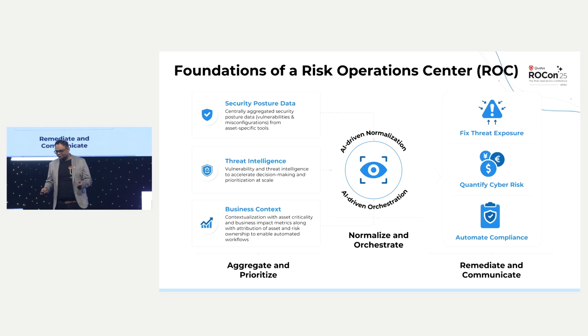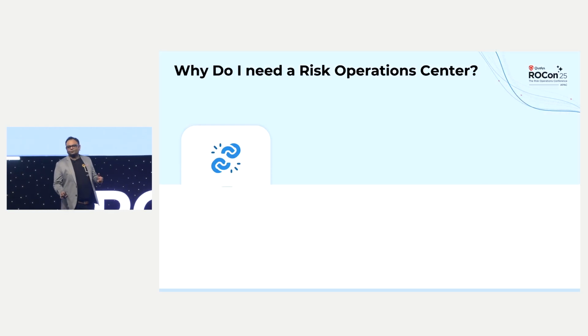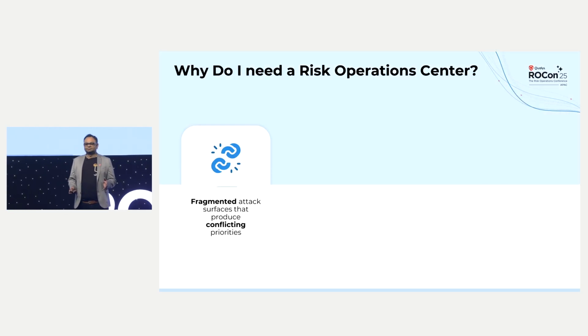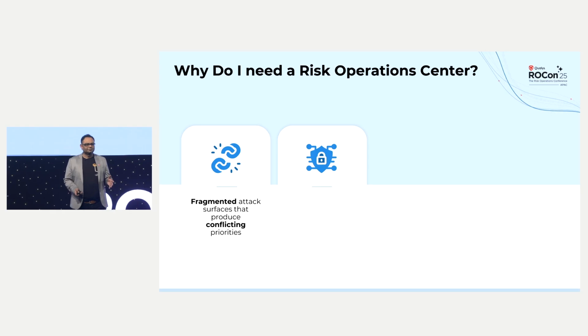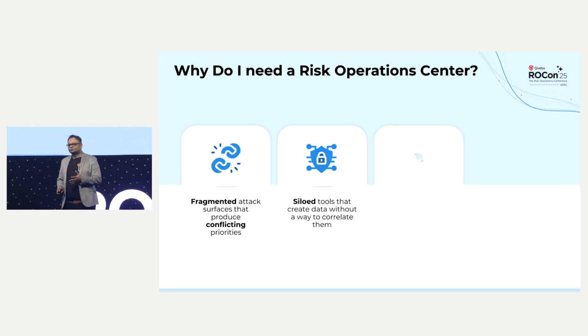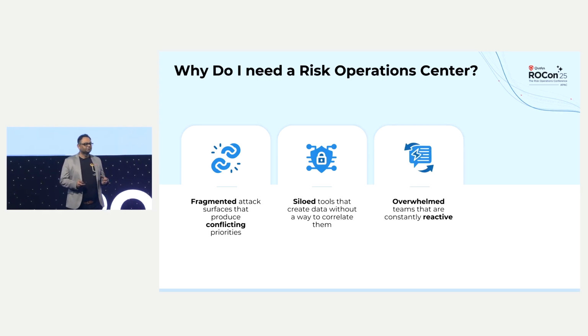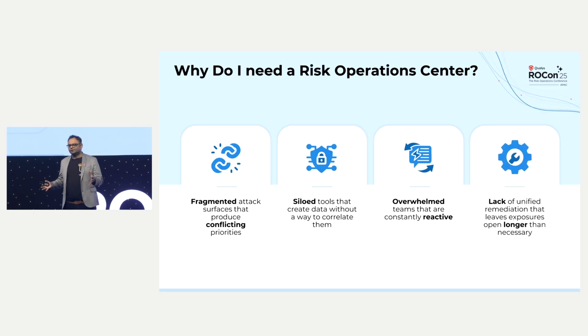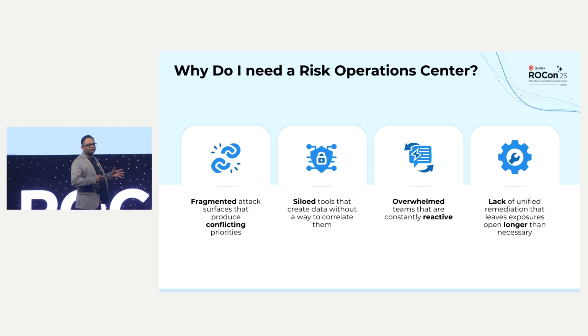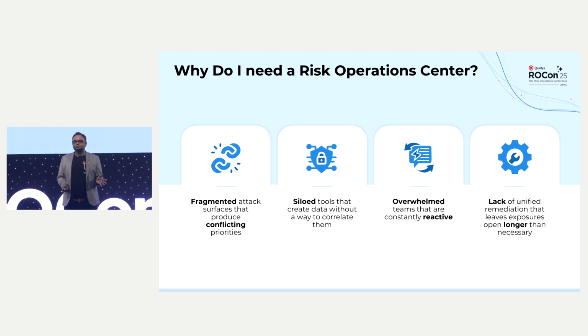Okay. But the question is, why do you need a ROC? Because you already have a SOC. But as Sumedh explained, SOC is all about post-breach. ROC is all about pre-boom, before something happens. Today, for risk management, you have different tools. Each tool produces more than 10 alerts, so now you've got a top 100.